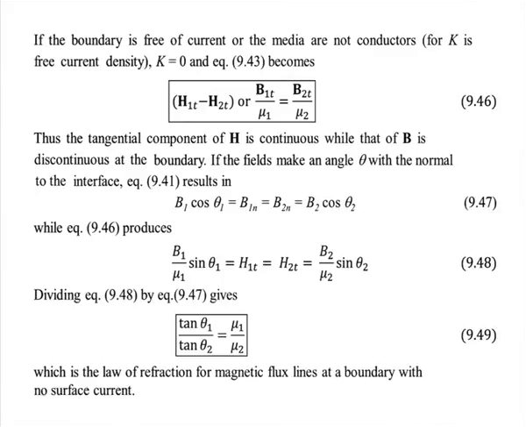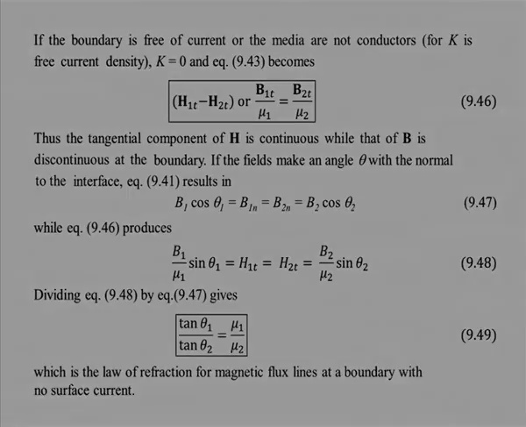Using equation 9.29, it can be seen that B1 cos theta1 = B2 cos theta2. Again, from equation 9.34, B1 sin theta1/mu1 = B2 sin theta2/mu2. If we divide equation 9.36 by equation 9.35, we get tan theta1/tan theta2 = mu1/mu2, which is the law of refraction for magnetic flux at a boundary with no surface current.